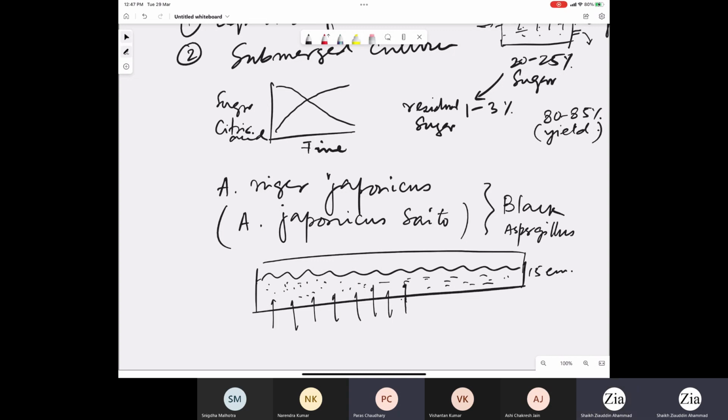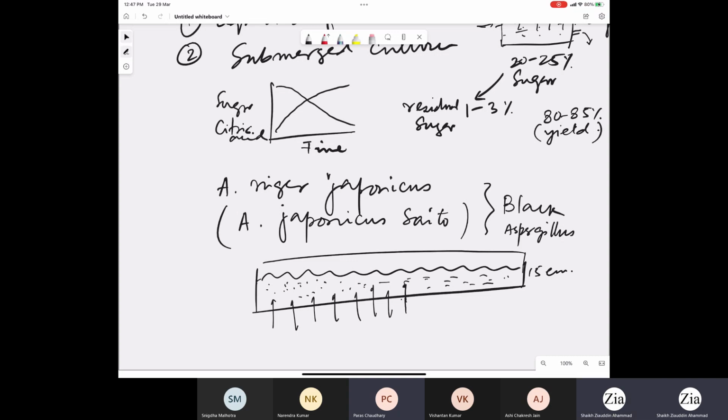During growth, it will also utilize ammonia, and depletion of ammonia will result in a decrease in pH. Citric acid production starts simultaneously, and you get a reasonable amount of citric acid before the pH reaches a level of 2. When the pH is very low, you will not get a very good amount of production.